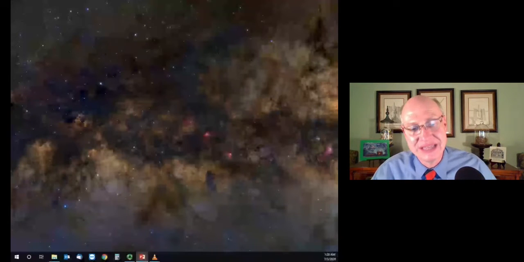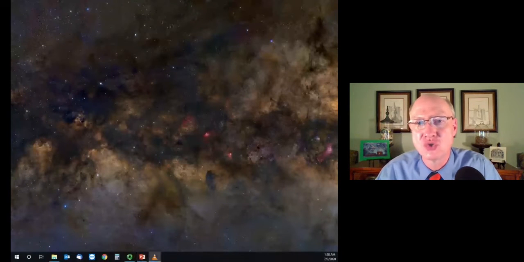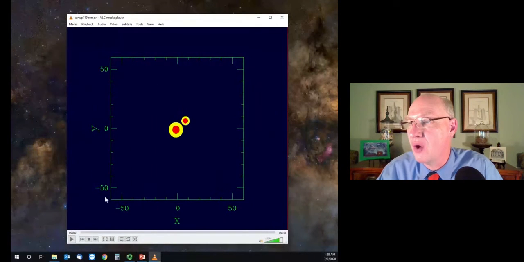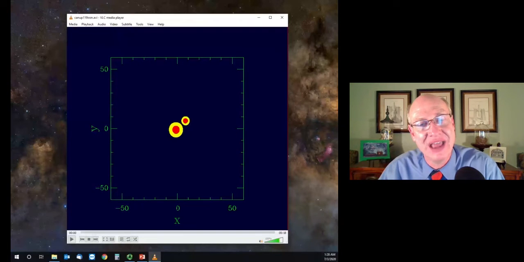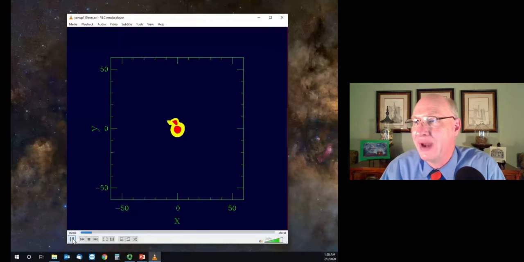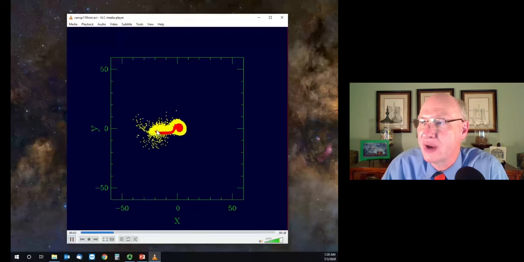And what happened was this Mars-sized body struck the Earth a glancing blow. And as it struck the Earth a glancing blow, the outer layer of the Mars-sized body and the outer layer of the Earth were blown off into space, and they eventually regathered together. Gravity pulled them together to form the moon. So let's look at what happens here. The Mars-sized body strikes the Earth.